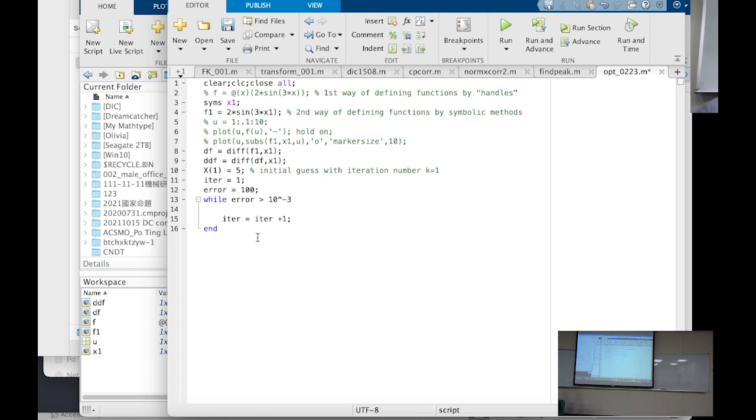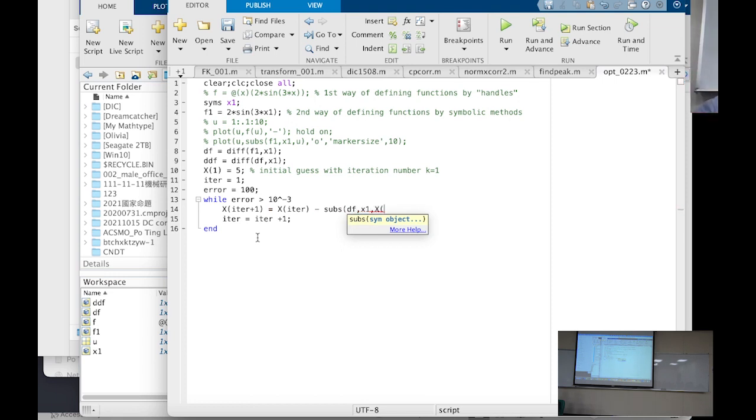Okay, but during the process, my x iter plus 1 equals x iter minus, I need to plug in df. So substitute into df, x1 replaced by the current value.